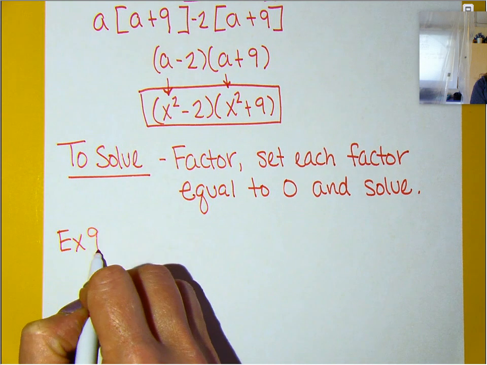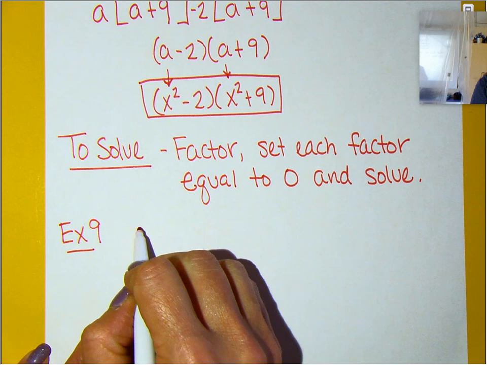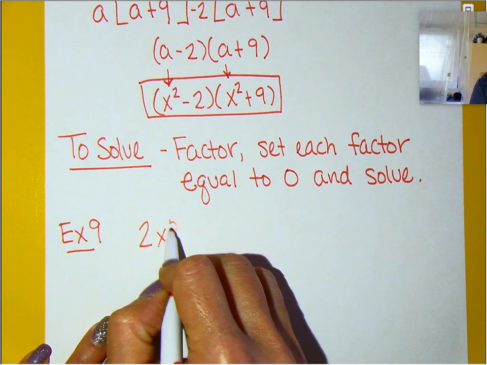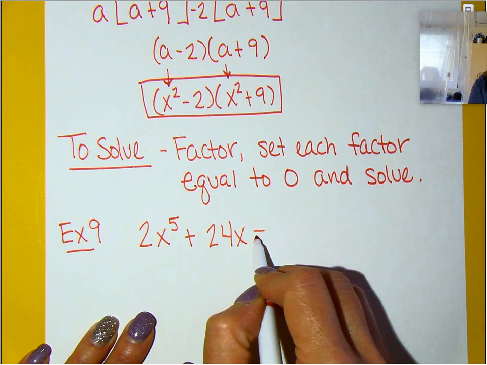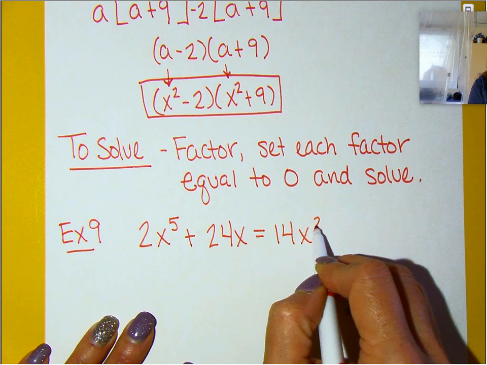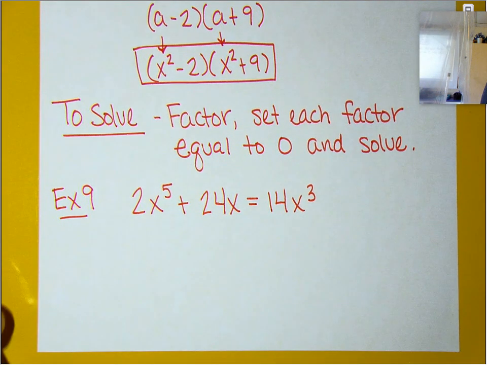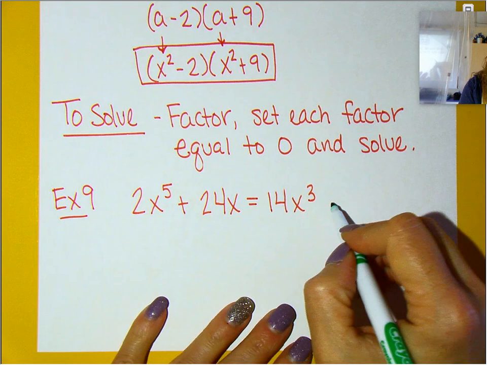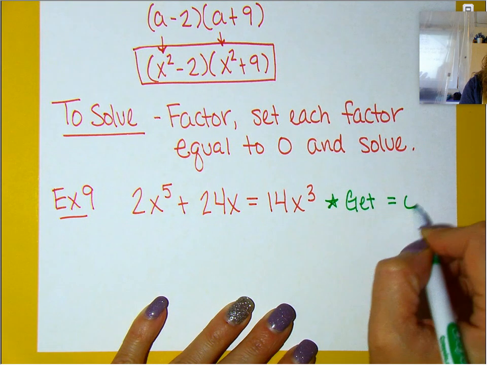So let's talk about a couple of these and then we're almost done here. Oh, you'll get some good time to get some work done. 2x to the 5th plus 24x is equal to 14x cubed. That's what we're going to start with. Okay, first of all, before I can do anything, you have to get this equal to 0.